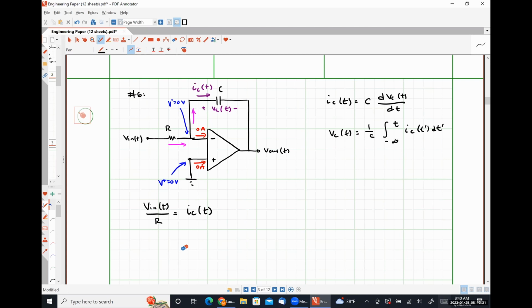This is perfectly fine. Now, the problem here is that we need to relate this input voltage to our output voltage, right? We know that our current flowing through our capacitor is related to the voltage drop across the capacitor by one of these expressions. So my question to you guys is, how is the voltage drop across the capacitor related to the output voltage of our system?